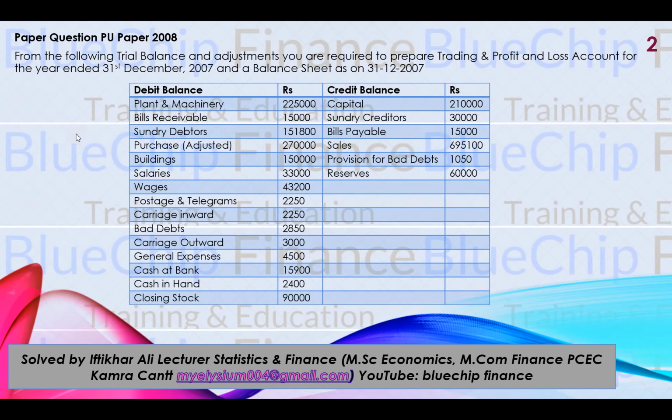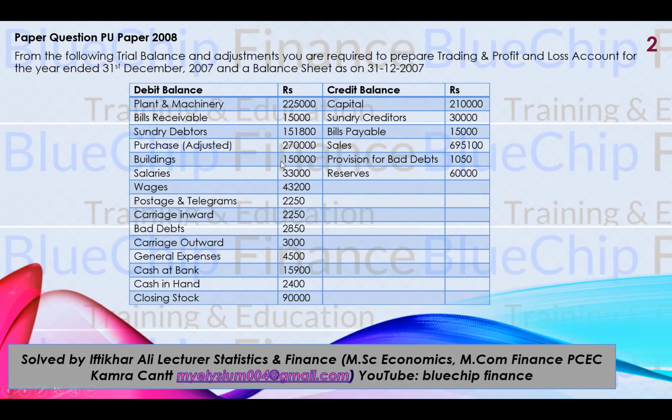sales. So as you are seeing here, plant and machinery is asset, bill receivable asset, sundry debtors asset. It will be very easy for you when you know the exact balances, for example these three are assets, so they should be included in the asset side of the balance sheet.